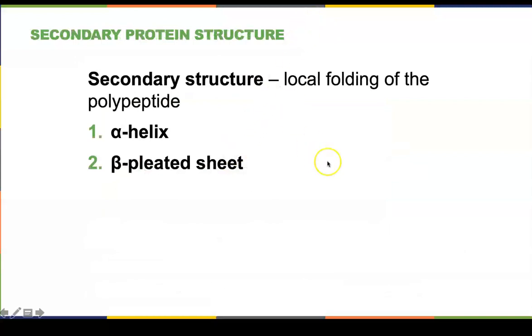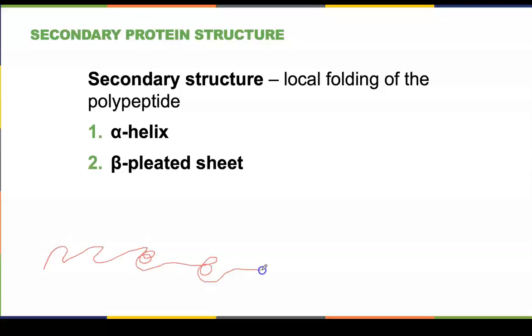Let's move on and talk about the secondary structure of a polypeptide. This term refers specifically to folding within small areas of a polypeptide. If you imagine a rope or a garden hose, it might be very long, but within particular sections, it might be coiled up, for example.